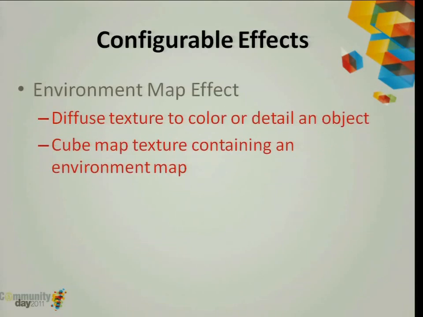Okay, and then you have the environment map effect. It also has a diffuse texture to store the color of your object. And it has a cube map texture containing an environment map. Now, a cube map is an image, a texture, which contains all the data of the space around you.